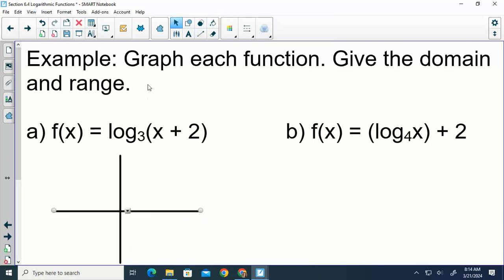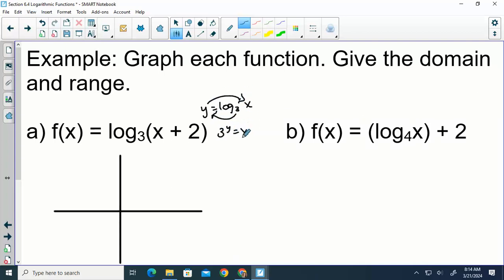Log base 3. Okay. So if we think y equals log base 3 of x, that means 3 to the y equals x. So my y is -1, 0, and 1. 3 to the -1, 3 to the 0, and 3 to the first.